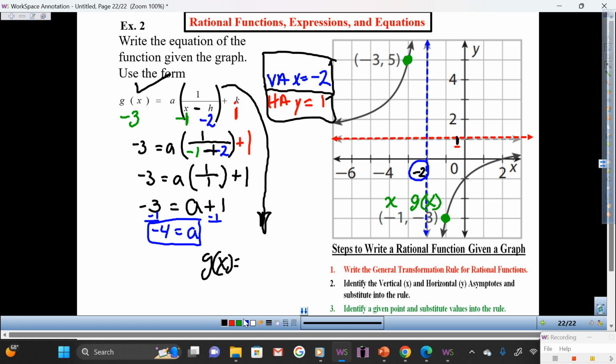Negative 4, yes. Parentheses. 1 over X minus, what is H, everyone? Negative 2. And what is K? Plus 1. What is negative times a negative in here? And this is our equation.